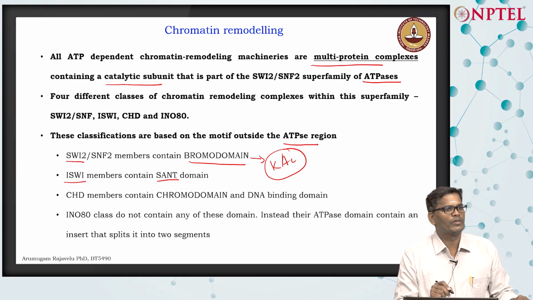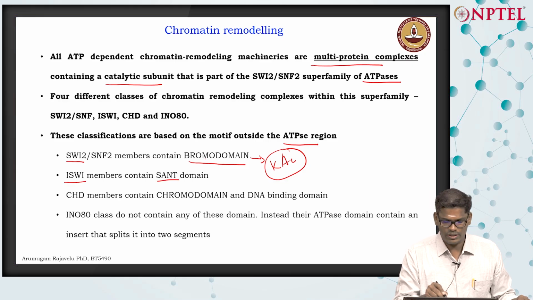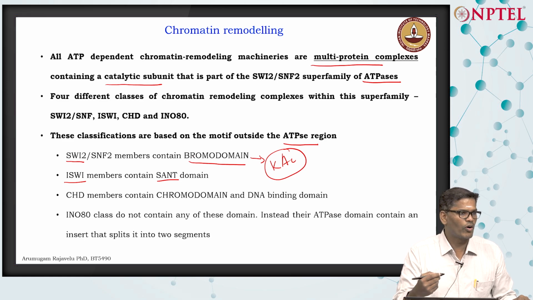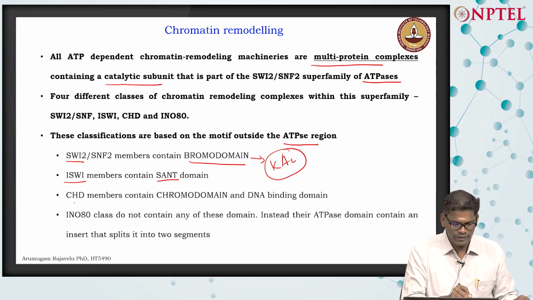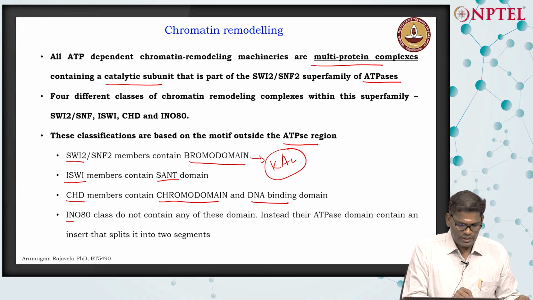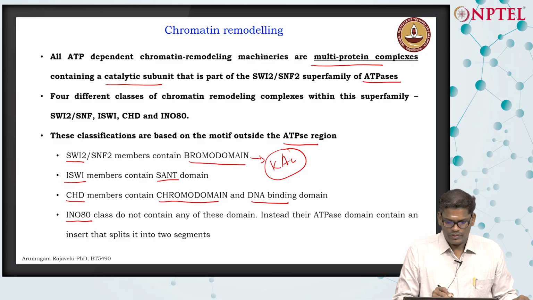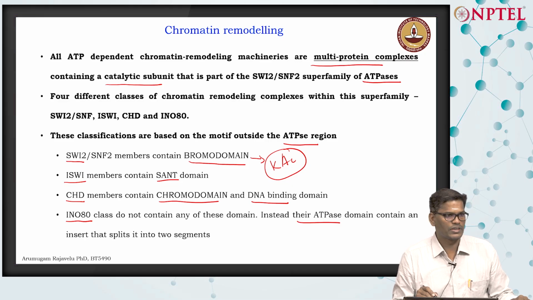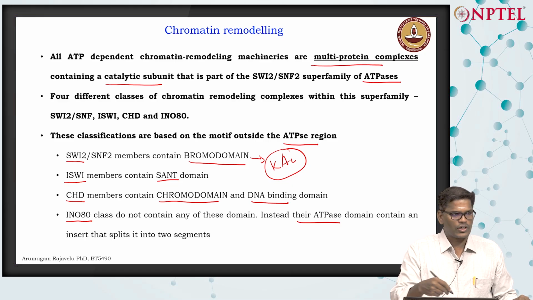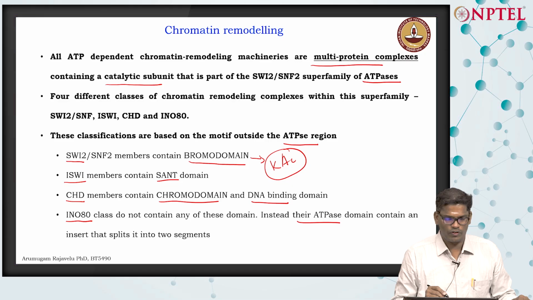This is also an epigenetic reader, and these all bind to the modified histone proteins. Whereas the CHD member has the chromodomain and a DNA binding domain. And the fourth family, INO80, does not have any of these domains, but the ATPase domain is split using linker regions. So, these are the key differences between these four families.